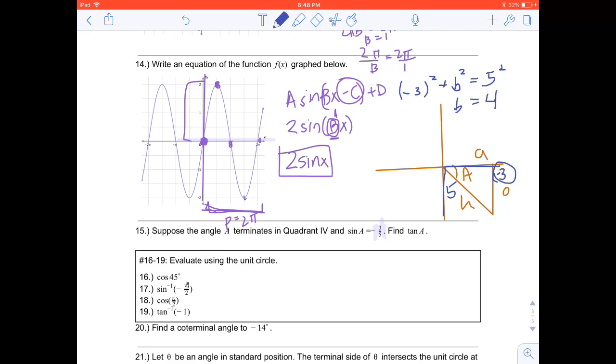It's also just a 3, 4, 5 triangle, so many of you probably already knew it's going to be 4. And it's got to be positive, because remember it's on the positive side of the x-axis. So we have those 3 sides. If we're trying to find tangent, tangent is opposite over adjacent, which means it's going to equal negative 3 over 4. And that's our answer.